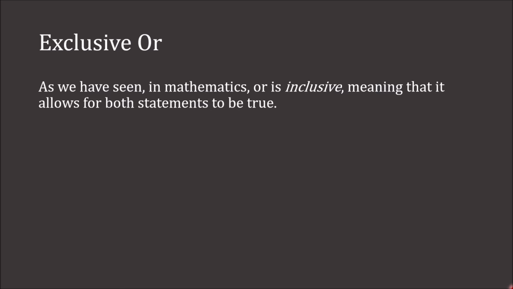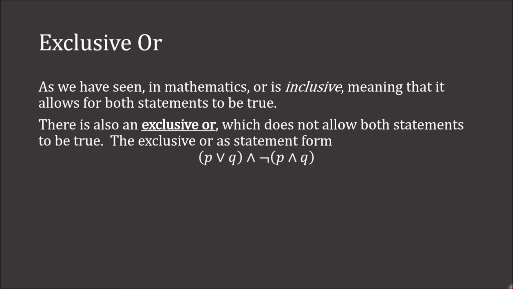There is also an exclusive OR, which does not allow both statements to be true. The exclusive OR, as a statement form, is P or Q and not P and Q. And so this is saying P or Q, but not both at the same time.